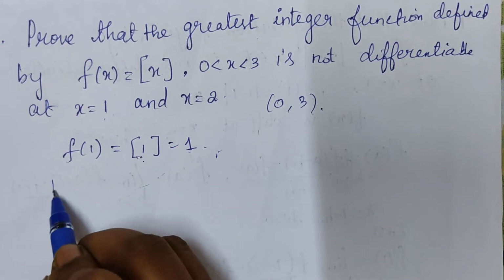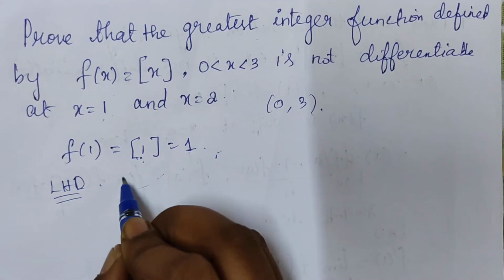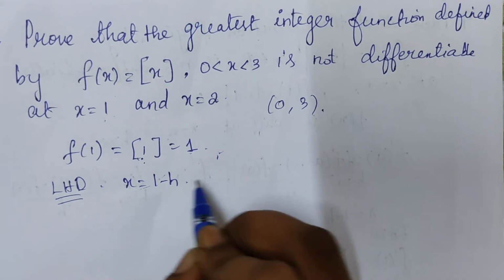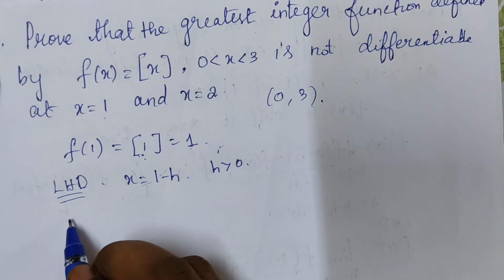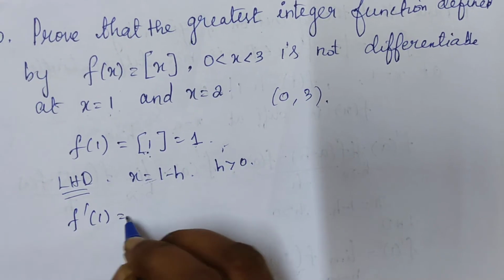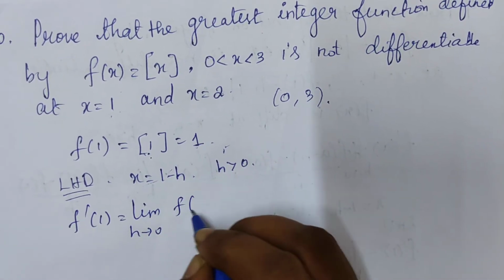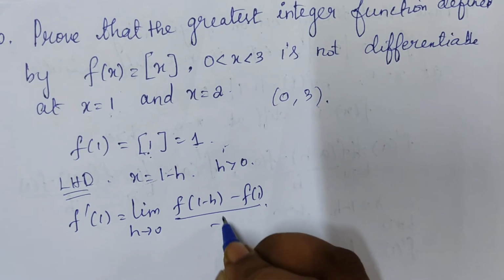Now we will calculate the left hand derivative. In the left hand neighborhood, elements will be 1 minus h, where h is a small positive real number, and we get f dash of 1 equal to limit h tends to 0 of f of 1 minus h minus f of 1, divided by minus h.